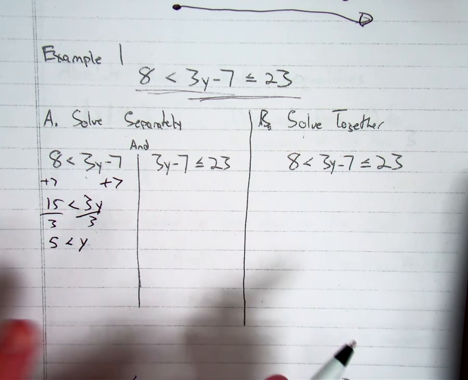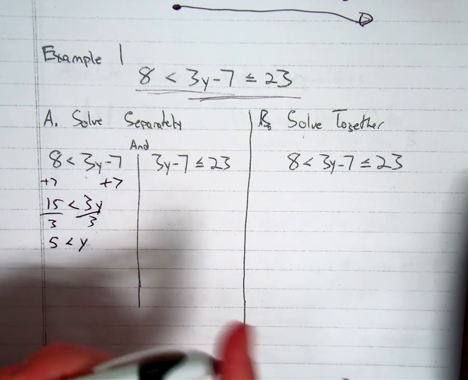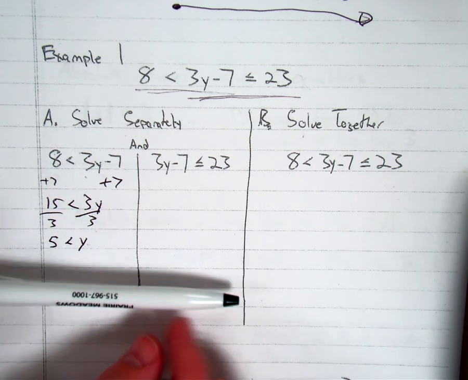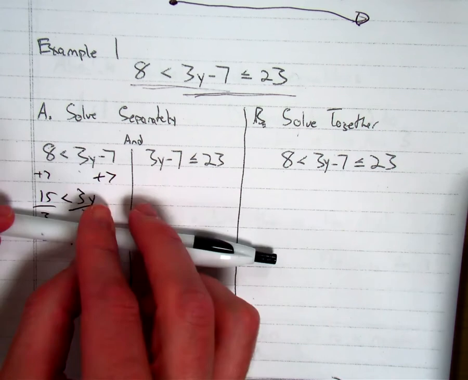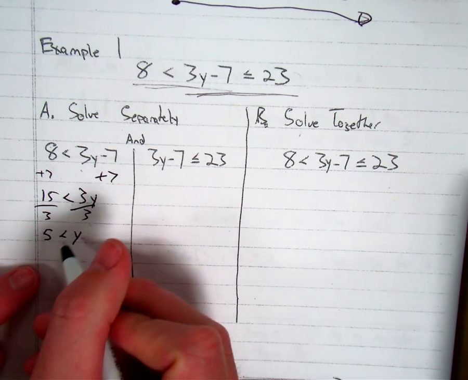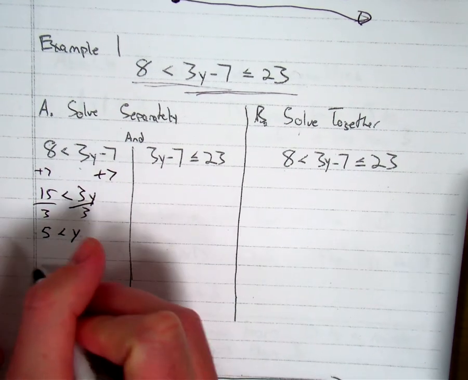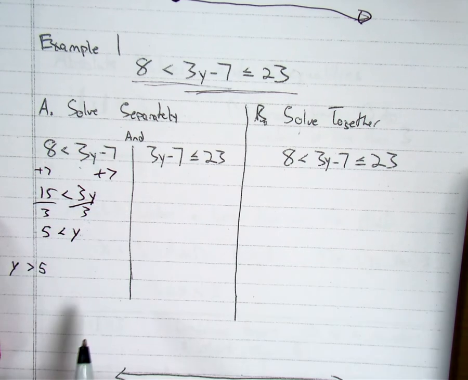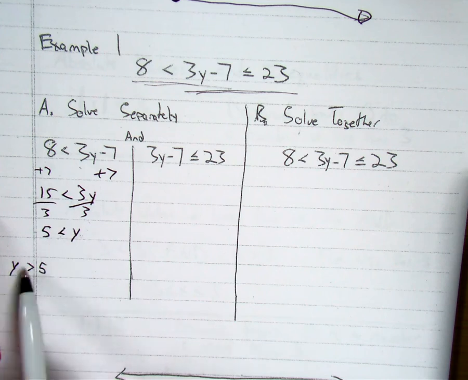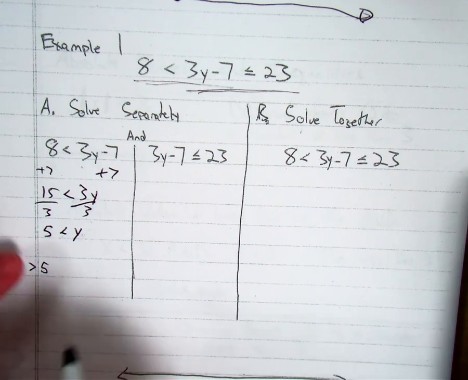You just can't flip that. You've got to take the whole thing and flip it over. So if it was my pen, I would have to take the whole thing and flip it over like that. Right? So the greater than still needs to be by the y. So if I did y greater than 5, see how the less than is still pointing at the 5? The open side here is still pointing at the y, so it's still the same thing.